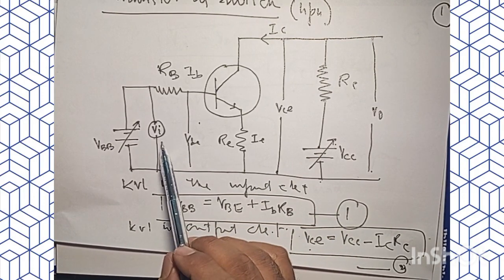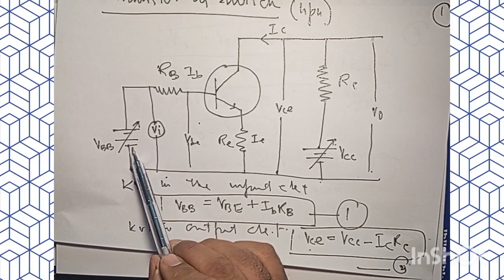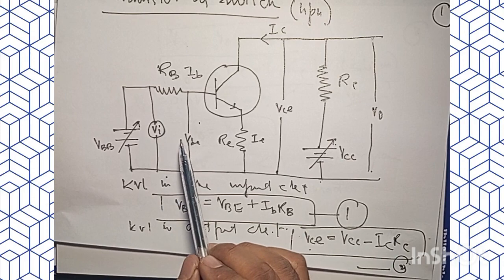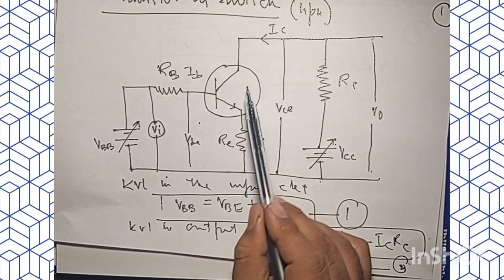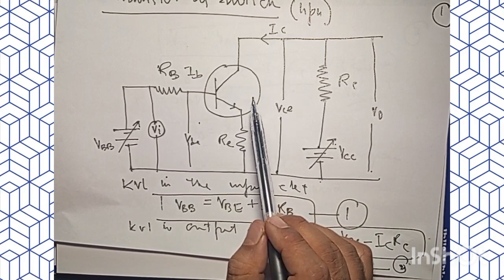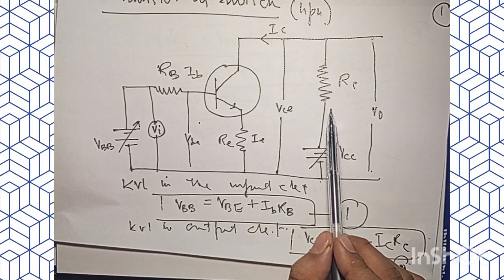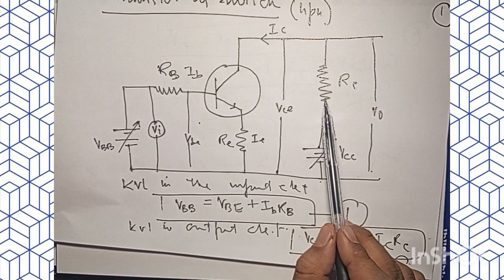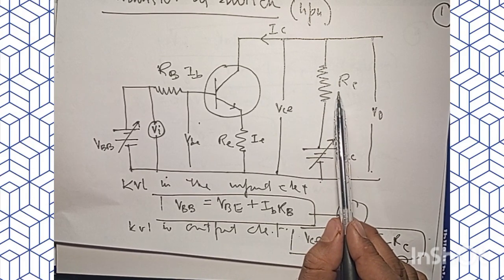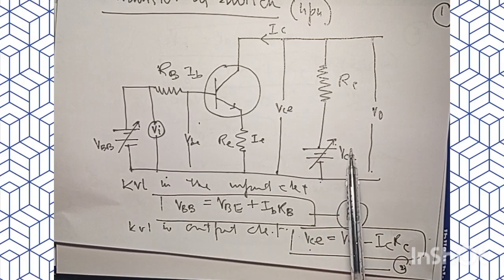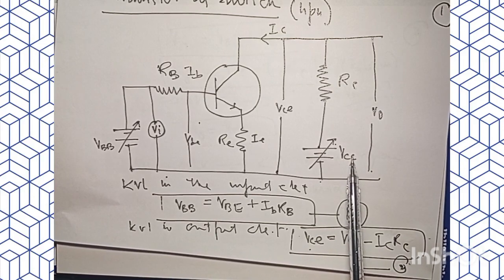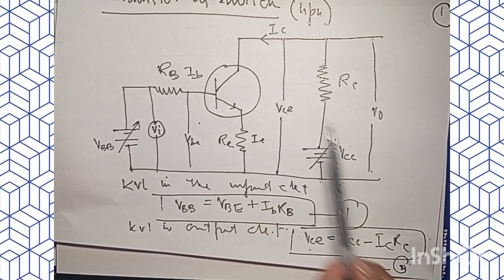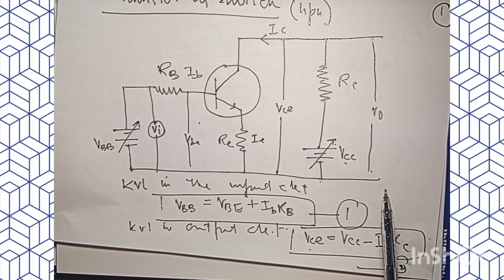Now, when this base input voltage is made sufficiently positive, the transistor is forward biased. Now, the current IC will flow through this RC, right? In this situation, the voltage drop across this RC, measured by ICRC, will be simply equal to VCC. Hence, IC at that time will be VCC by RC.